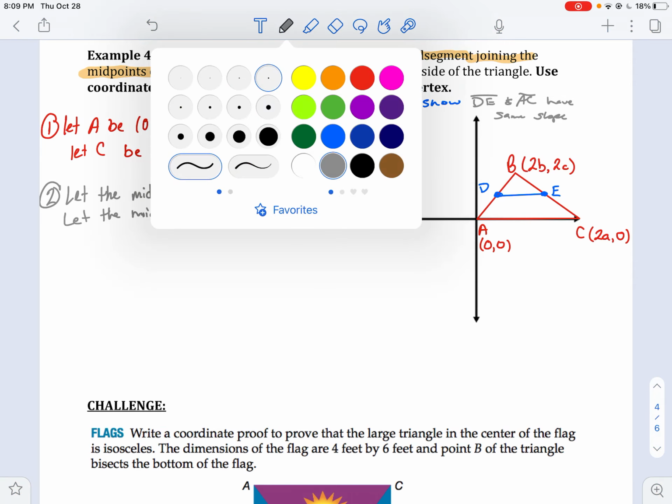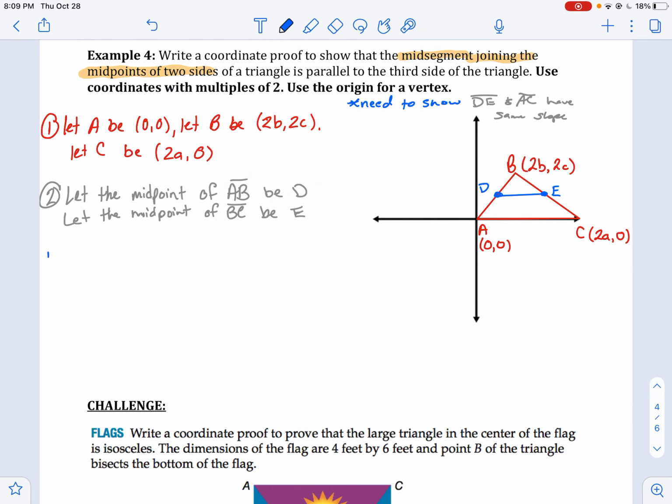So how do I do that? Well, first of all, I need to find the coordinates of D and E. So D, I know, is going to be, what is that, (2B plus 0) over 2, (2C plus 0) over 2.